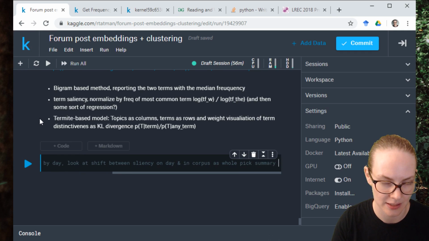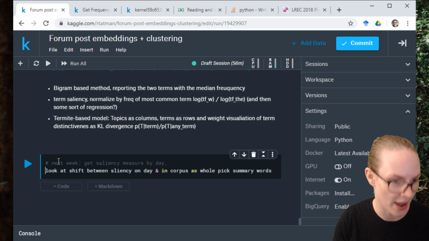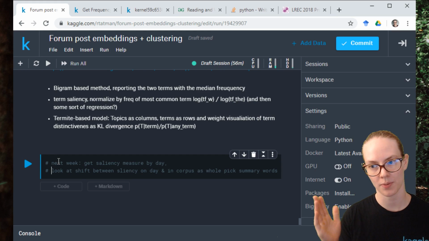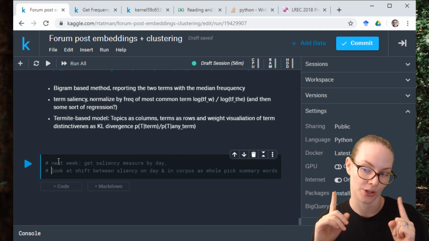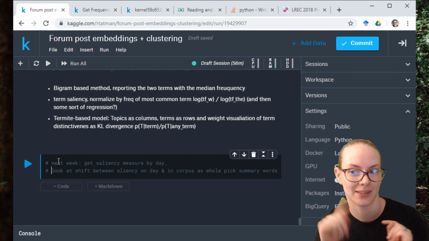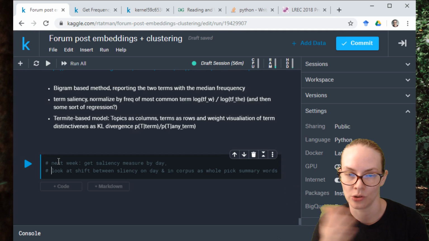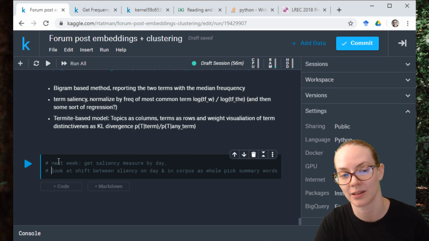I think that's going to be the easiest way to do it, and we can do that direct comparison between the saliency measure on the corpus and the saliency measure on the day, because they're on the same scale, because we've normalized them using the log frequency of the term divided by the log frequency of the most common term in the corpus, whatever that is.